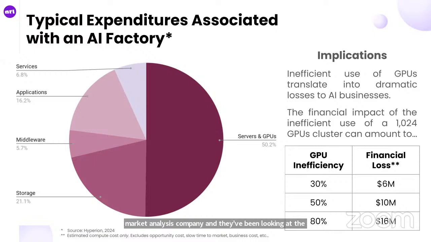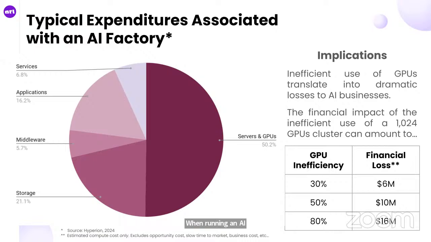And based on the data that they capture regarding supercomputers used for AI, they provide market reports. And recently in June, they shared an update where they went into the details of where the costs are coming from when running an AI supercomputer.